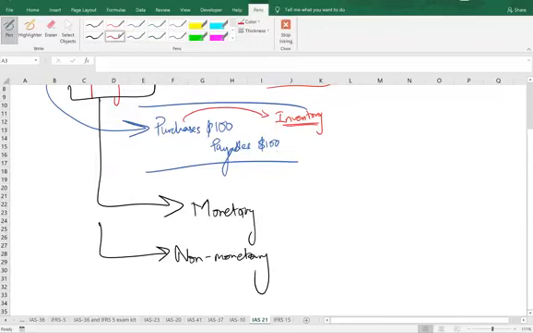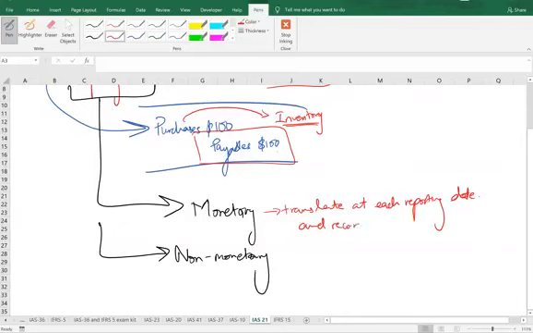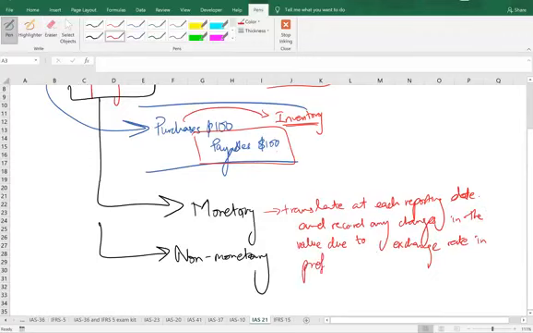Now for the monetary items, if you see payables, you translate at each reporting date and record any changes in the exchange rate in profit or loss.